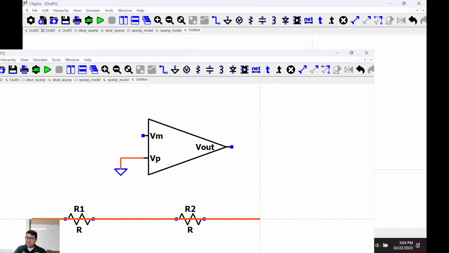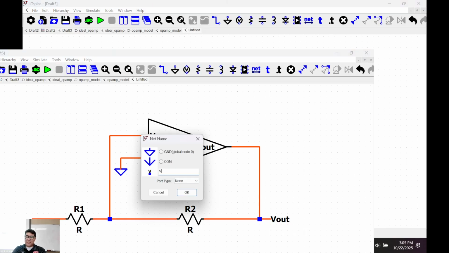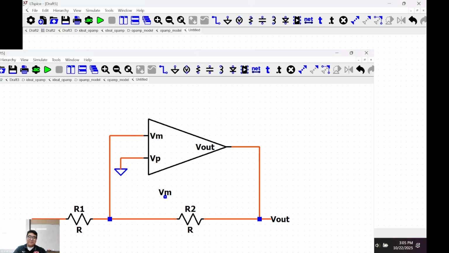Boom. This right here, V out. Is that correct? And V minus is actually connected down here. Is that good with everybody? And then let's call this one V minus. This right here is Vn.